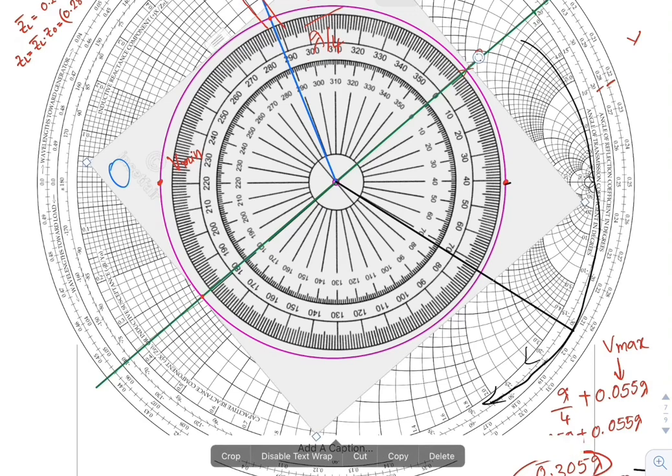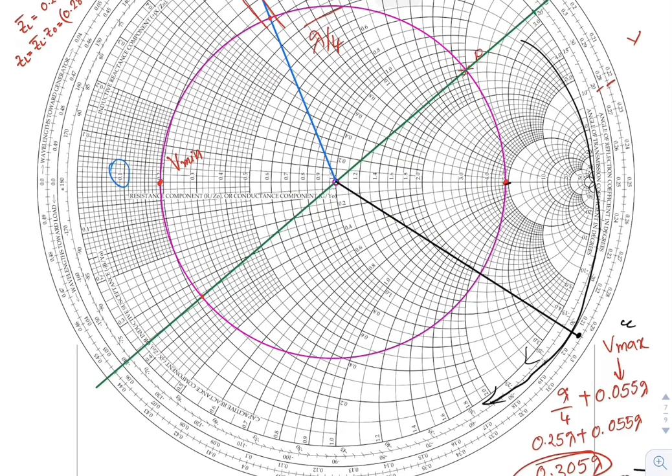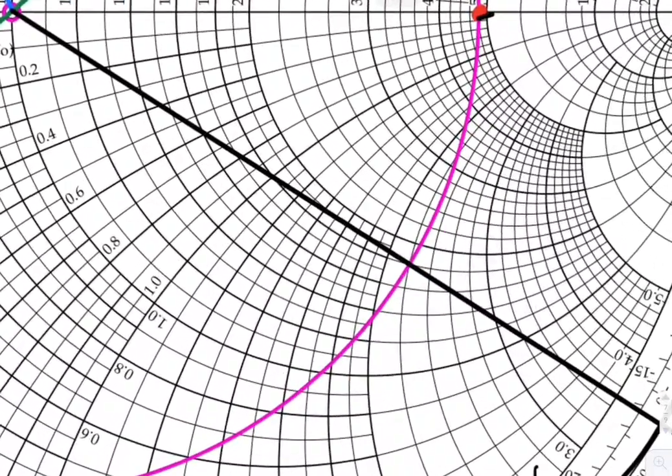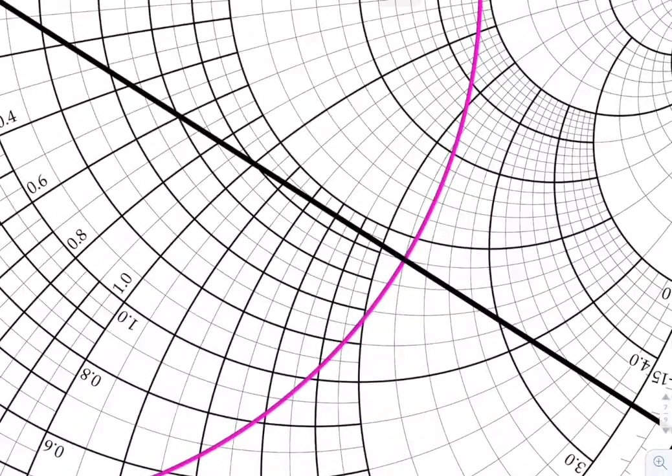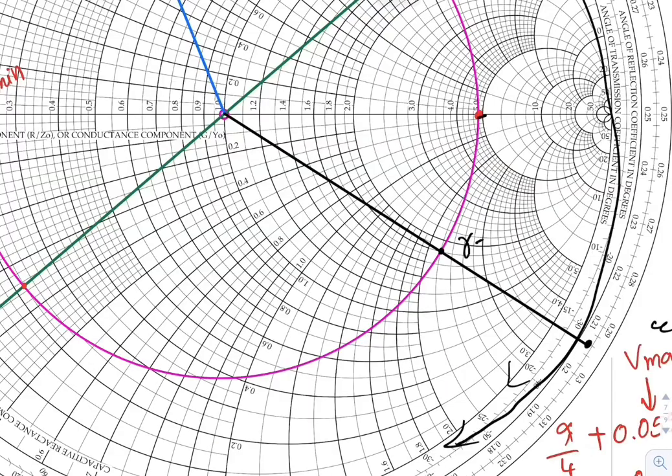this line, and let us see where this line intersects the gamma circle, that is this point. R value is equal to 1.8.